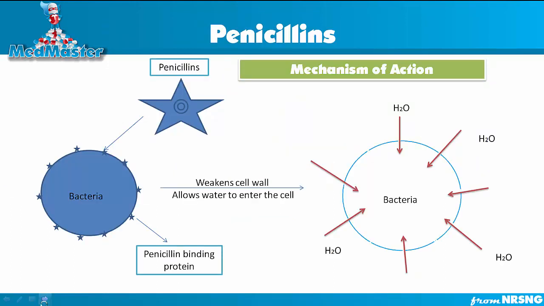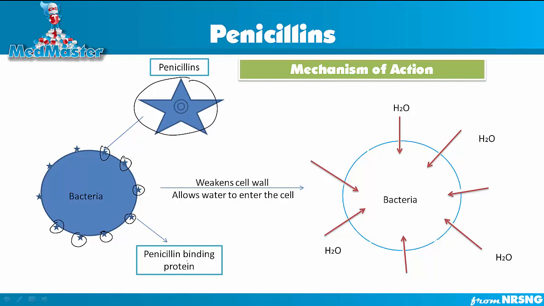So, mechanism of action of penicillin. This is bacteria, and bacteria have penicillin binding protein receptors on their surfaces, right there, all of them. Now, what penicillin does is it binds to the bacteria by the penicillin binding proteins, and it weakens the cell wall.